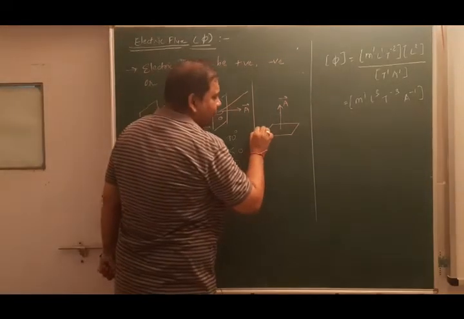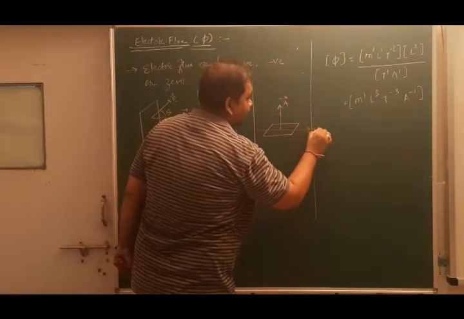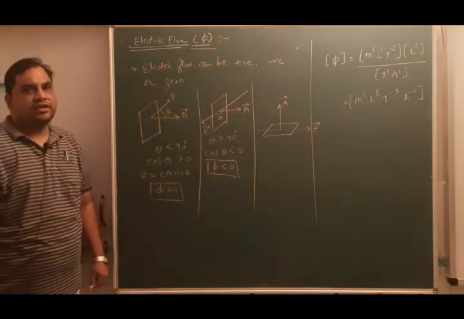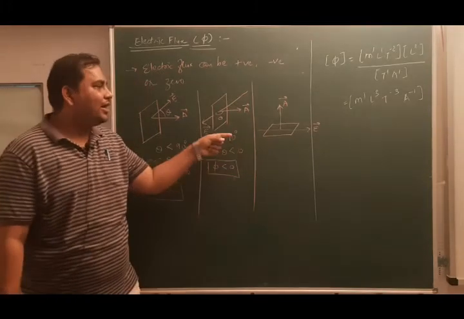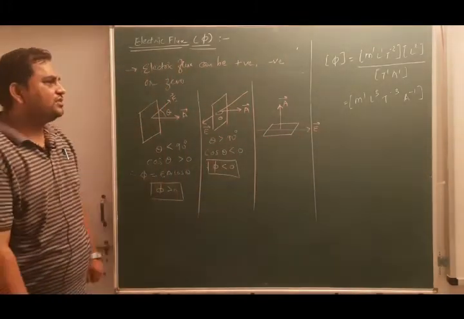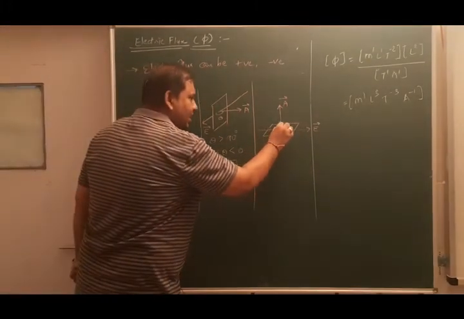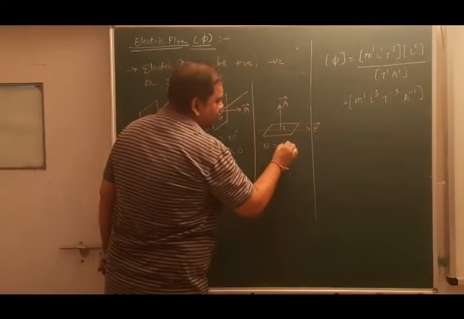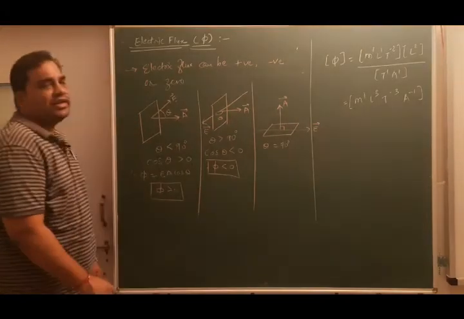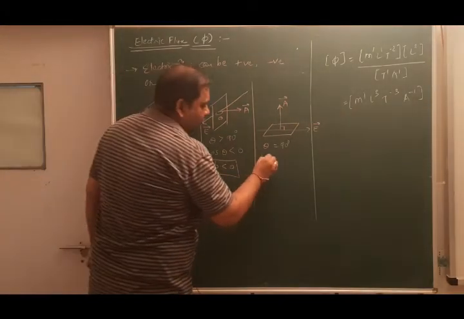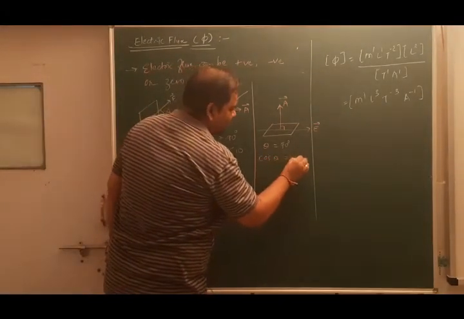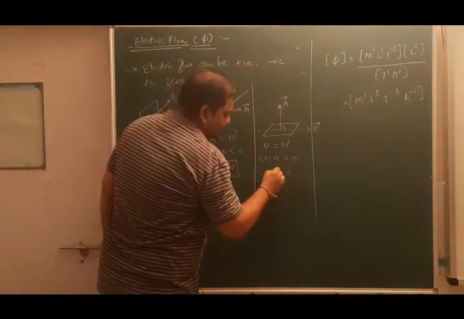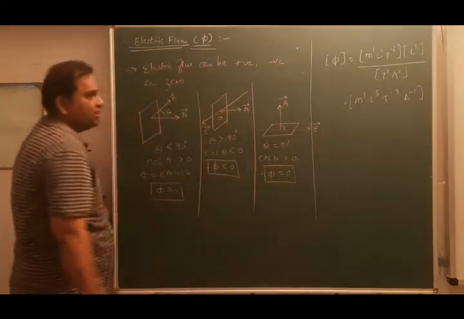And if electric field lines are parallel to the surface, then angle between electric field lines and area vector, this theta will be equal to 90 degree. अगर ये theta 90 डिग्री है तो cos theta की वैल्यू क्या होगी? 0, and if cos theta is 0, flux in this case will also be equal to 0.